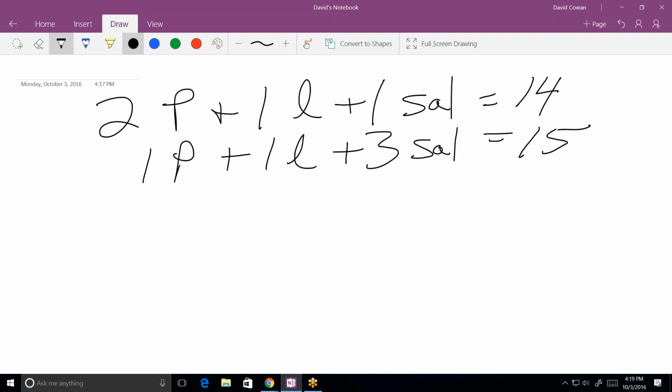And then 3 pizzas and a liter of soda cost $16. And it asks, what is the cost of 1 small pizza, of 1 liter of soda, or 1 salad? Okay. What we have here, what's the first step I should do?